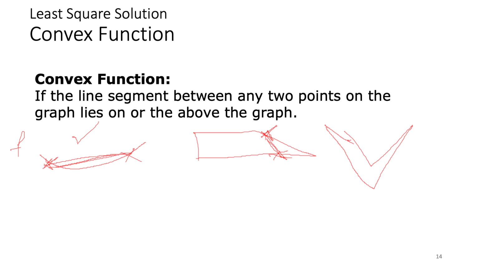Why? If I pick this point and this point, it's going to be outside, right? So likewise, this is not a convex function. Having the convex property is very important in many operations research problems and optimizations. So we are assuming that we are dealing with a convex function in linear regression here.